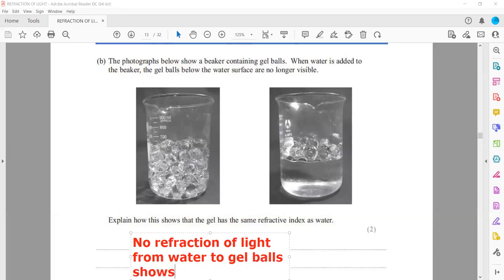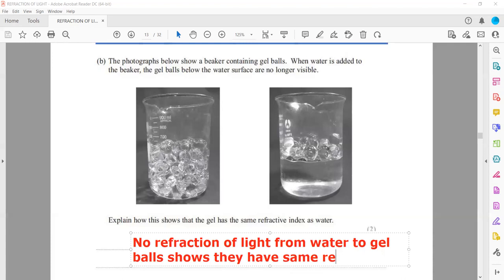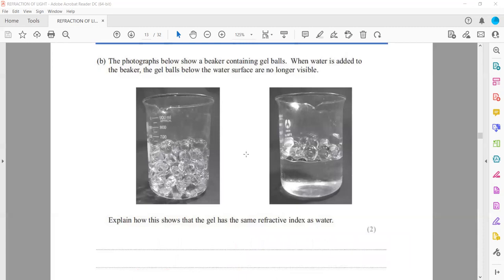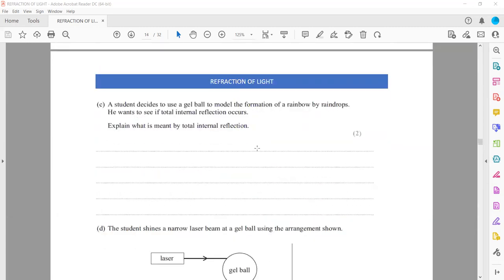This shows they have the same refractive index. Otherwise, if they had a different refractive index or different densities, then there should be a slight refraction of the light, which would let us identify the position of the gel ball.